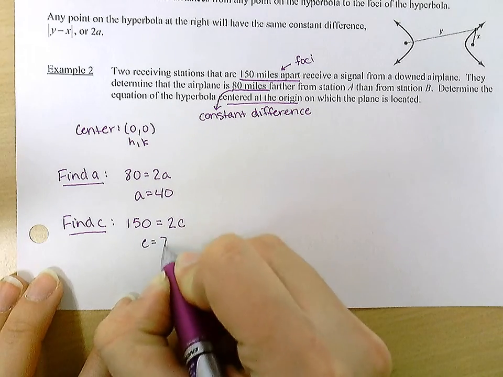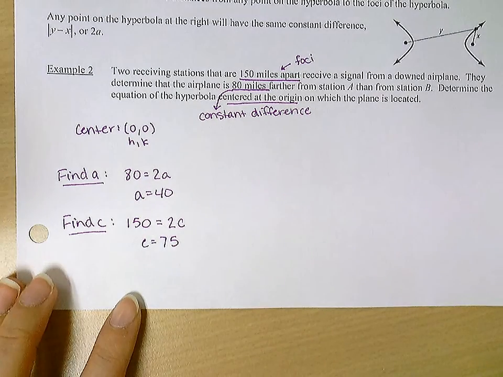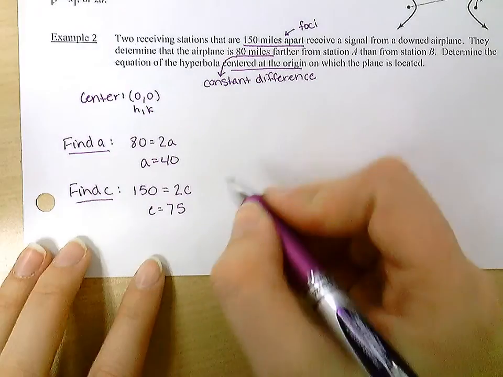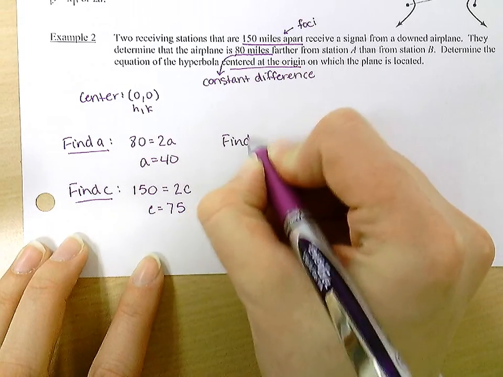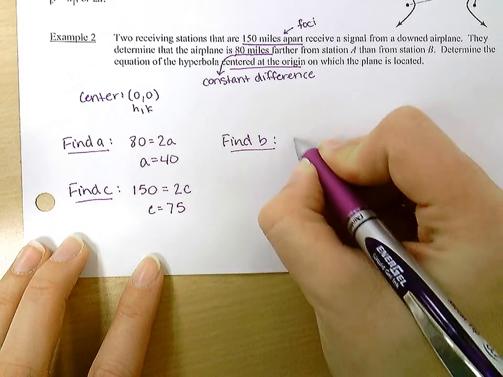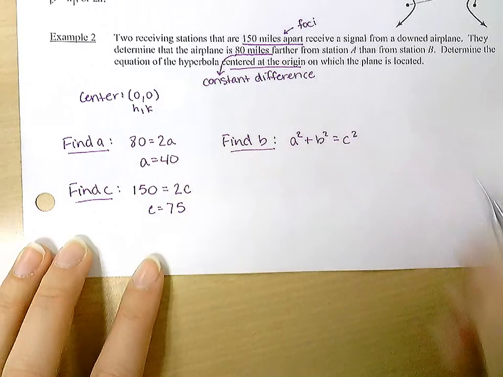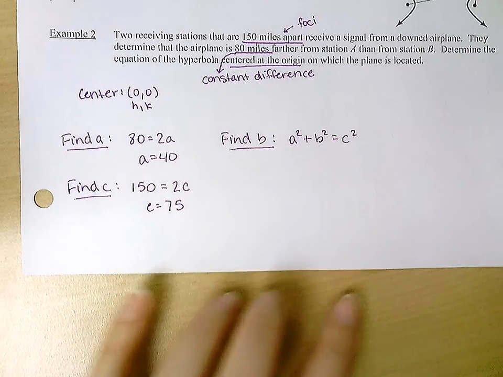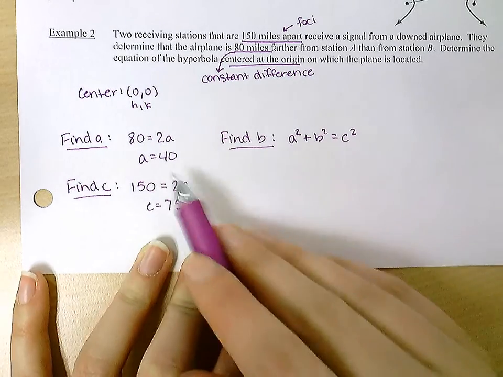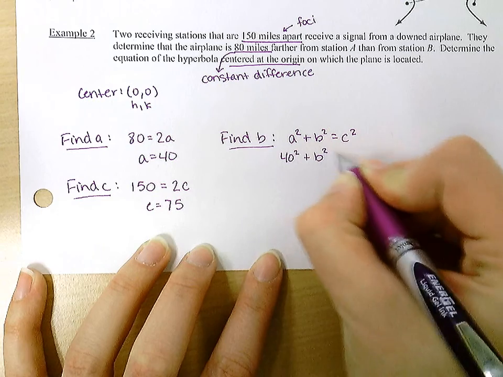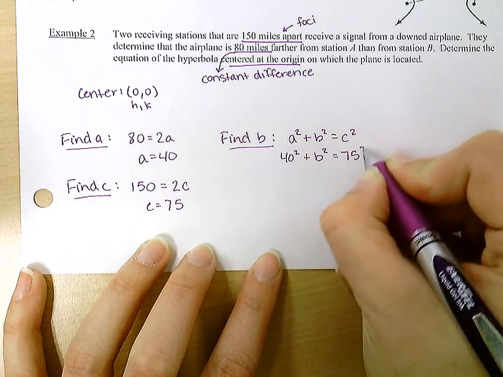So c is going to be 75. And then finding b, we use a squared plus b squared is equal to c squared. I know I usually write it the other way. So we're going to take that a value and square it, and our c value and square it.